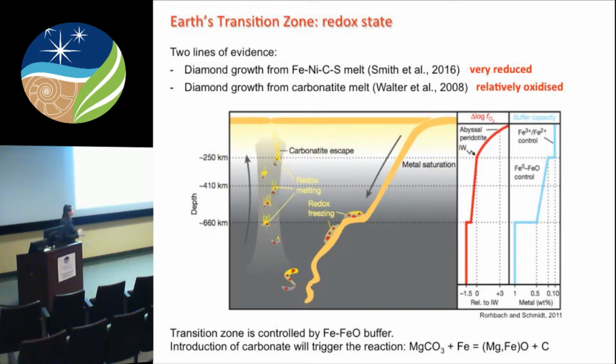So the idea generally of the transition zone redox state is shown quite well in the Rohrbach and Schmidt paper in 2011, that most of this mantle is controlled by the iron-wüstite buffer. So no trivalent iron, all the iron metal is present in this part of the mantle.